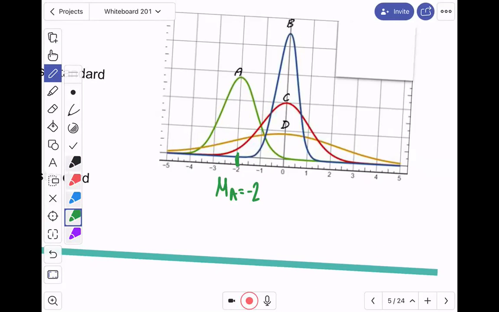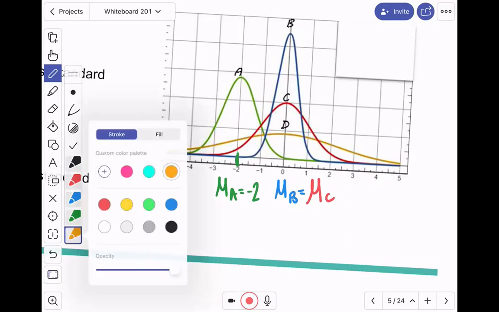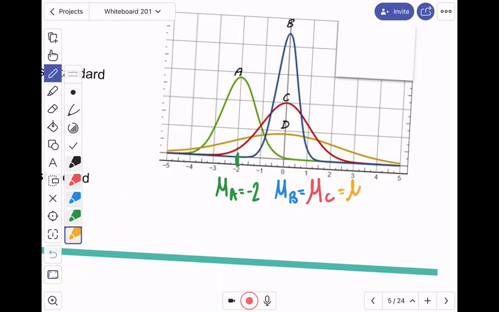What about C? 0. What about D? 0. Thank you so much. So mu of B is equal to mu of C, which is equal to mu of D, and they're all equal to 0. They all have the exact same means.